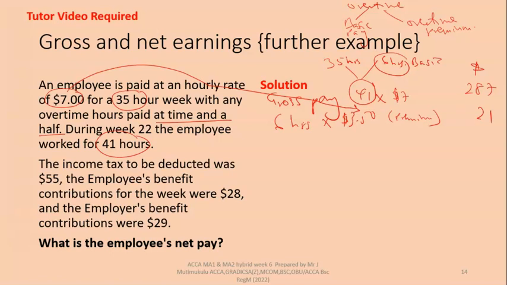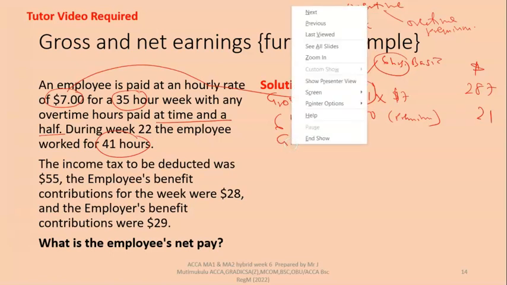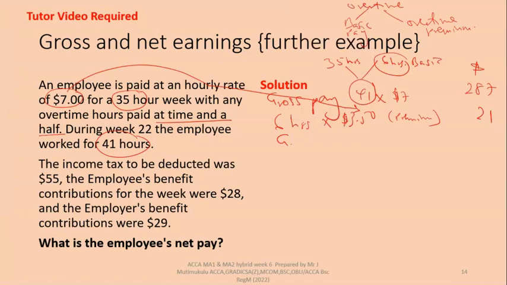Okay, so our total gross pay becomes $308. Less the taxes, the income tax the employee has to pay, and we are told that income tax to be deducted was 55.